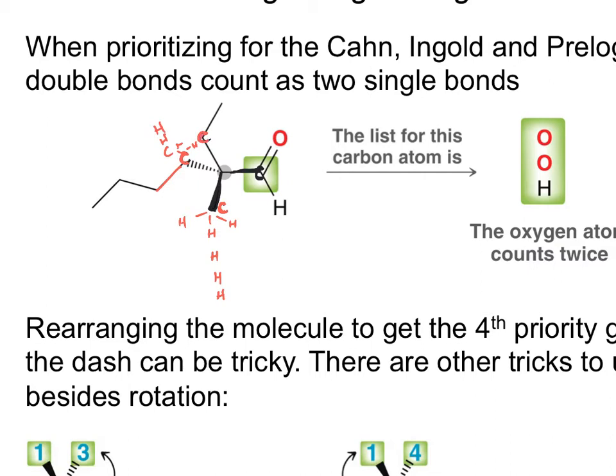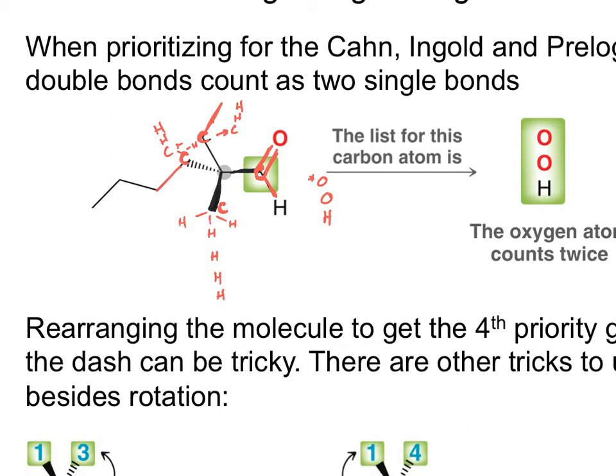What about this guy? Again, a carbon, hydrogen, hydrogen. Now the question is this guy. This guy has a double bond to an oxygen. How are we going to treat that? We're going to treat it as 2 single bonds to oxygen. So this carbon is attached to an oxygen, and then who is this last guy? A hydrogen.